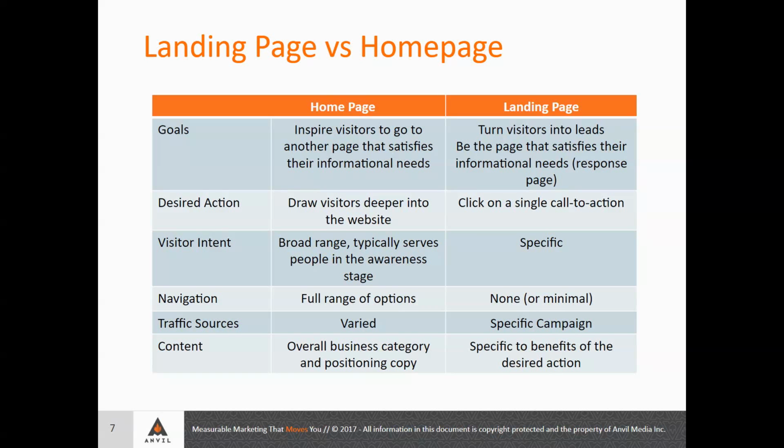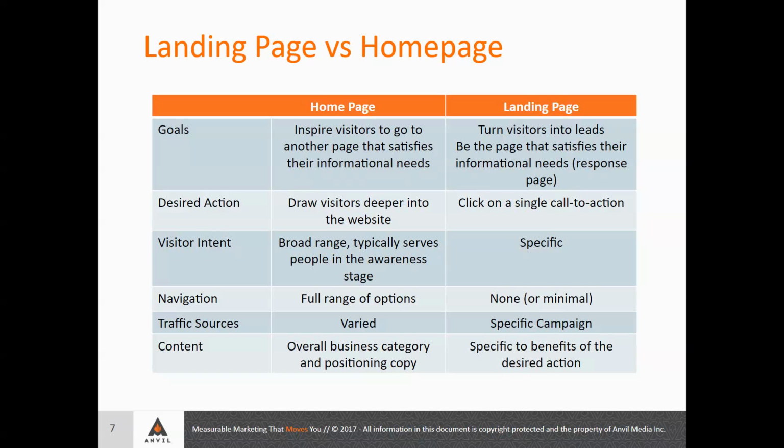There's always a single call to action, easily clickable, whereas on the homepage, it just draws visitors kind of deeper into the website, so there's actions to click through to something else or to specific content. Visitor intent, just very specific versus broad. Navigation, on your homepage, you always have a full range of options.